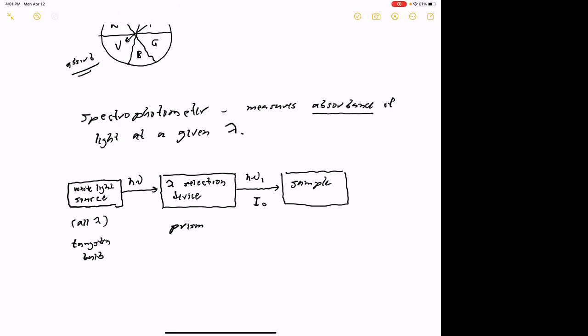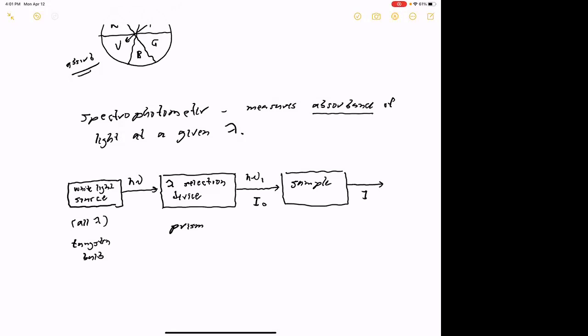You know what the difference between an intense red light or an intense blue light versus, say, a dim blue light or a dim red light would be. So that's what that I is. That's intensity of light. We're going to pass light with a given intensity through the sample. Presumably, the sample is going to absorb some of that light. So I'm going to have an intensity at a given wavelength coming out of the sample.